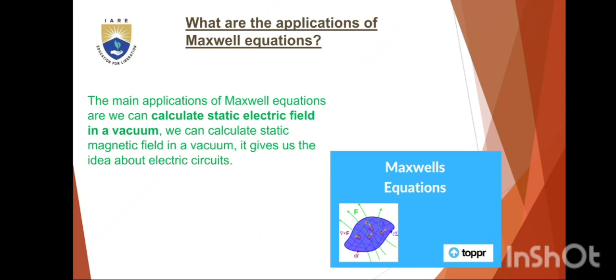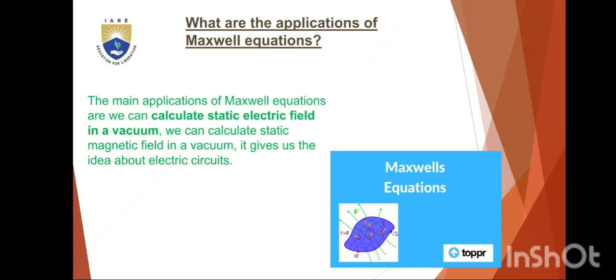Hence, we can conclude that the time varying magnetic field will always produce an electric field. Extending Maxwell's third equation to the static magnetic field, it states that the static electric field vector is an irrotational vector. Static field implies the time varying magnetic field is 0.